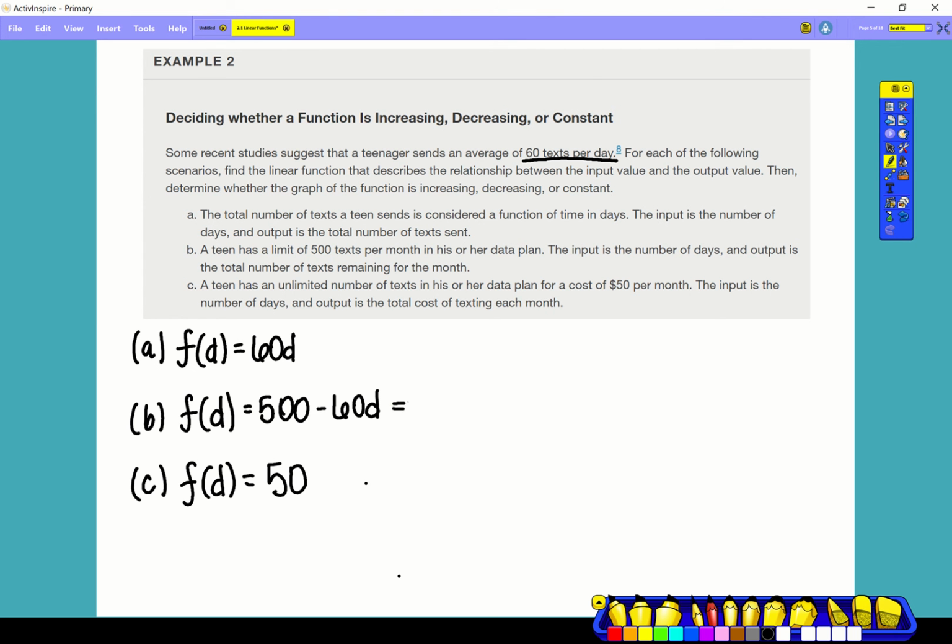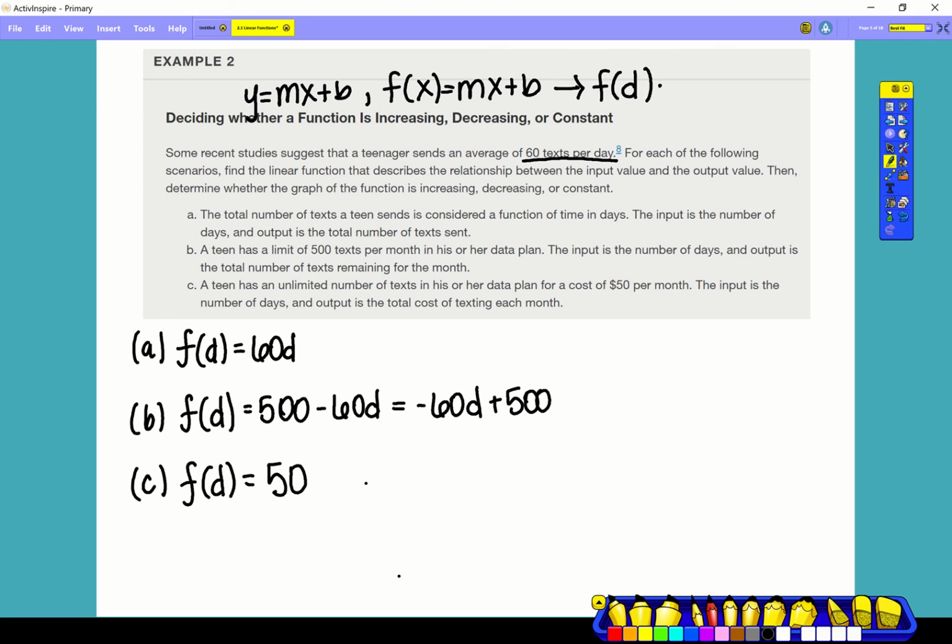Okay, so we're going to first rearrange this one: it is negative 60d plus 500. So notice that's in the form y equals mx plus b, which is the same as f of x equals mx plus b. But since you have d, it's md plus b.